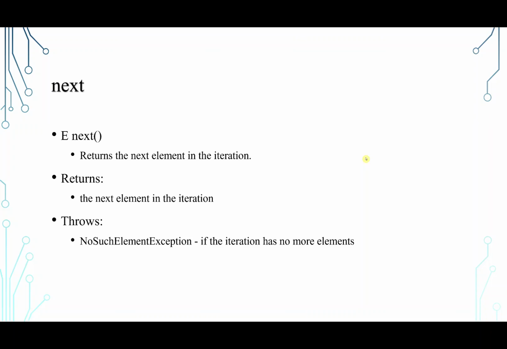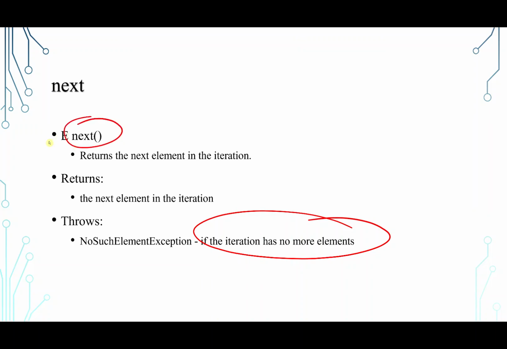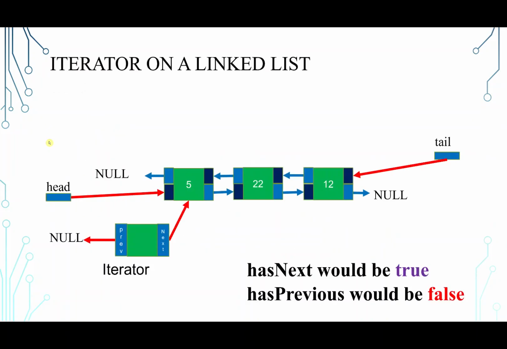It throws NoSuchElementException if there are no more elements and you used it. So usually we wouldn't use next unless you're using that inside a while loop where the condition was hasNext returning true. So you wouldn't use next until you use hasNext and it returned true.